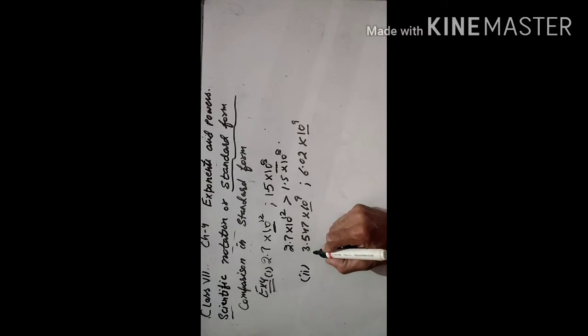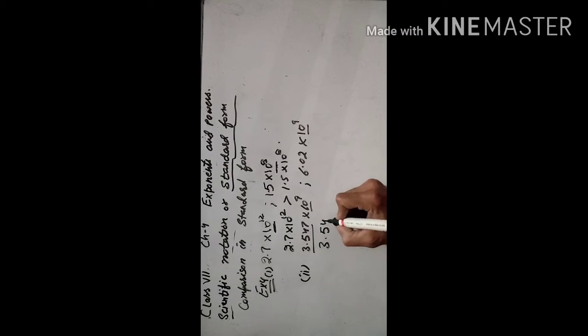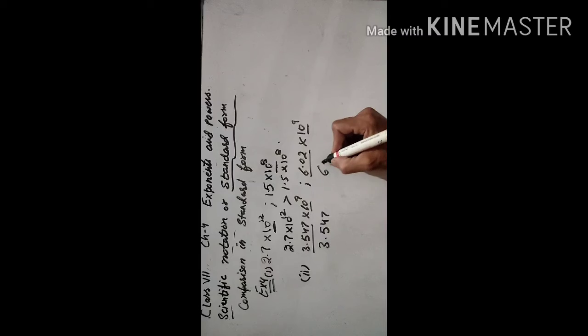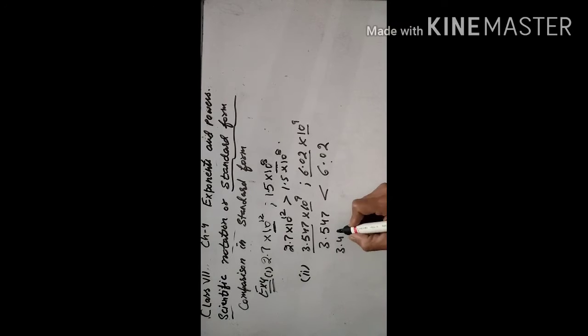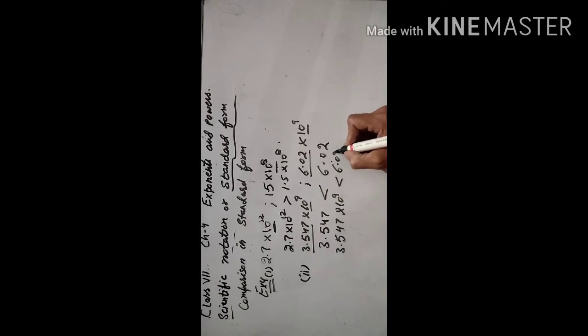The significance of this is 3.547 and the significance of this is 6.02. Now 6.02 is greater than 3.547, so 3.547 into 10 to the power 9 is less than 6.02 into 10 to the power 9.